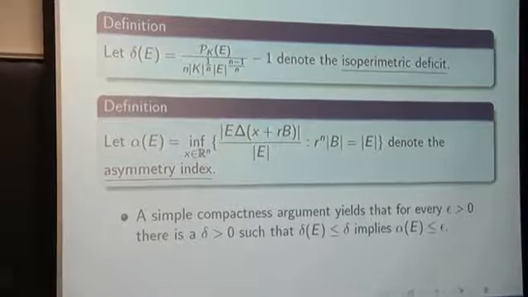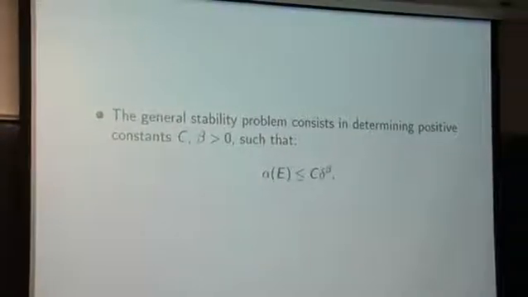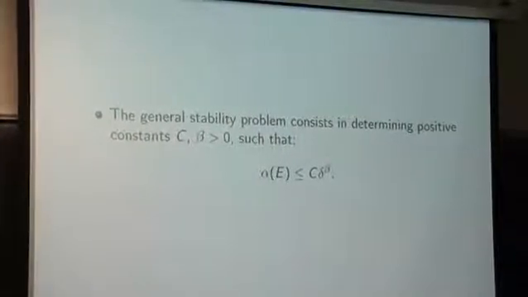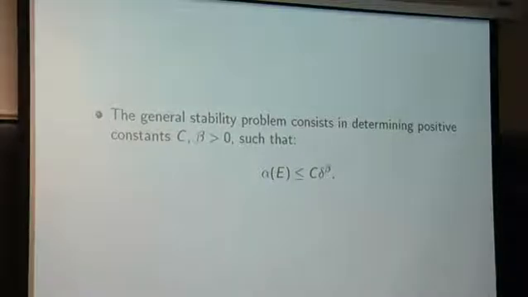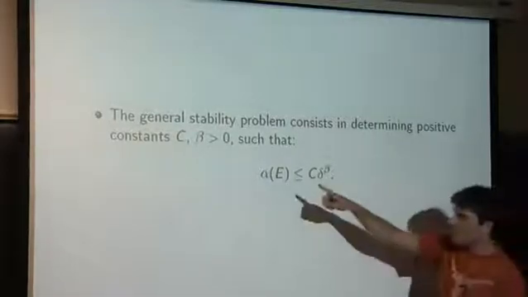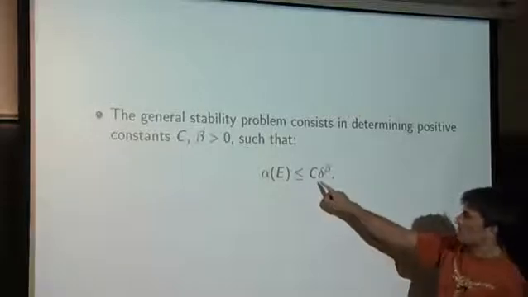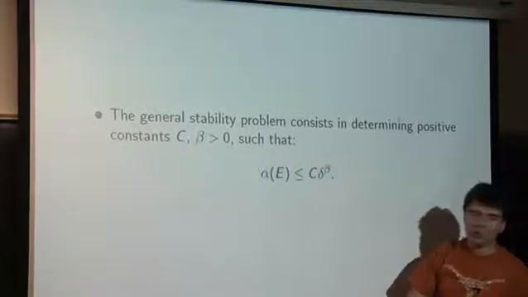What we want to do now is the stability problem. It's a very general sort of problem. It states, can you find an explicit estimate? We already know that as delta goes to 0, alpha goes to 0. But the stability estimate wants constants C and beta so that you have exact control on the decay.